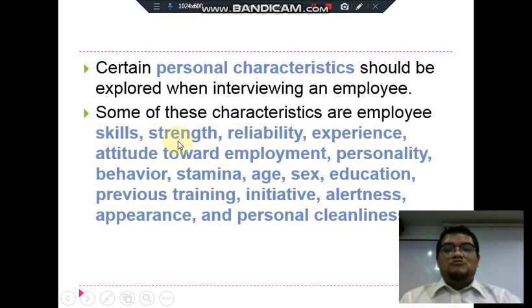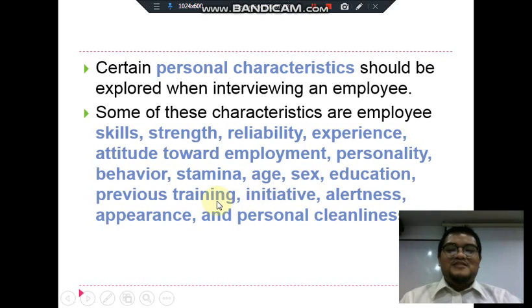And also we want to study the strengths, reliability, experience. So you will ask all of these questions to actually check on their capability. Attitude, personality, behavior, stamina, age, sex. Yeah, you might be asking this kind of question also, but not too sensitive.